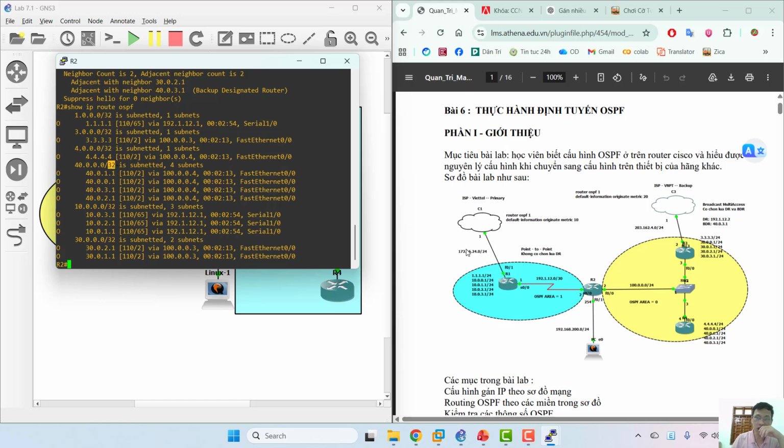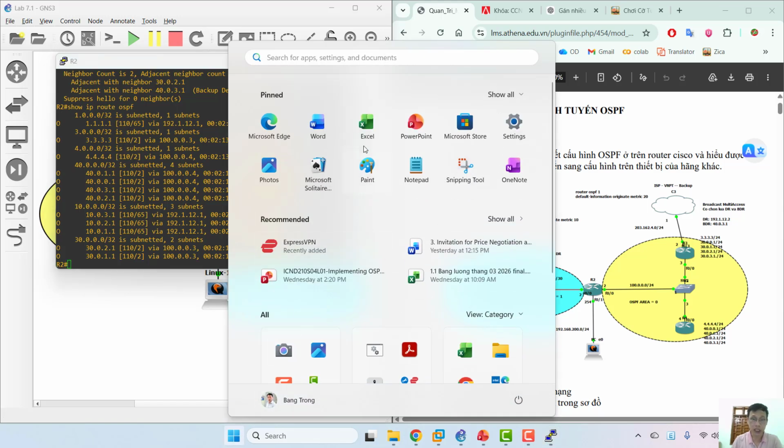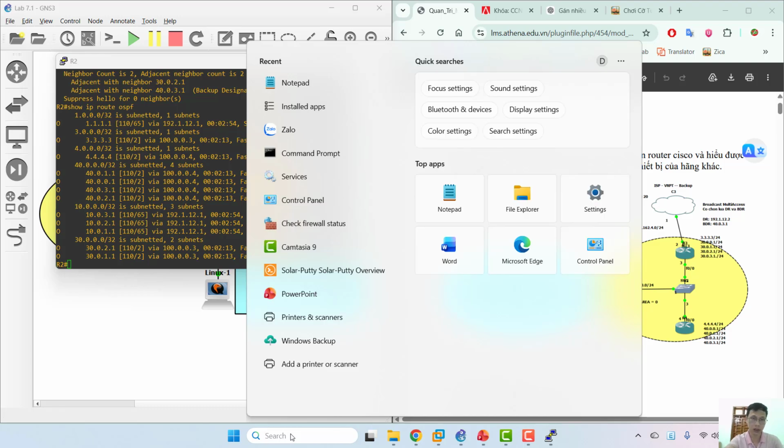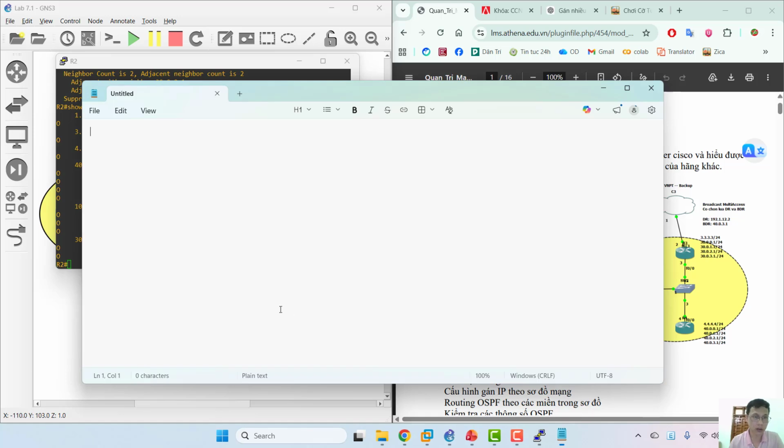It's a 32, but in our topology it's 24. So this one we can correct by entering the lines as follows.